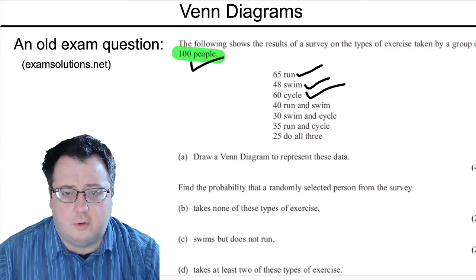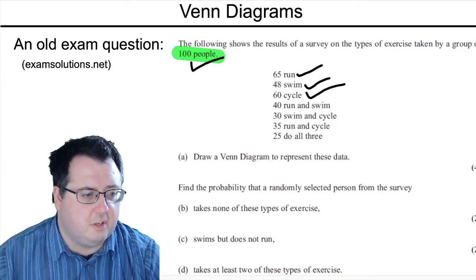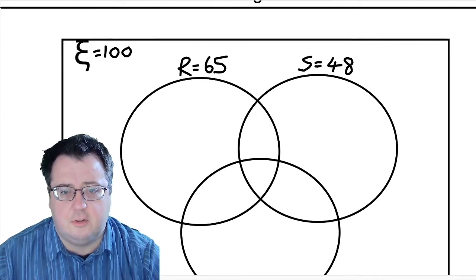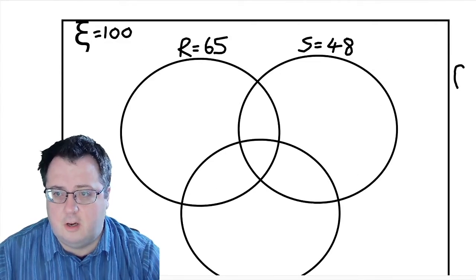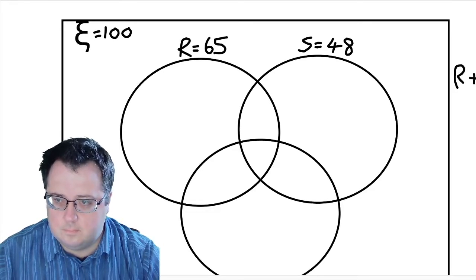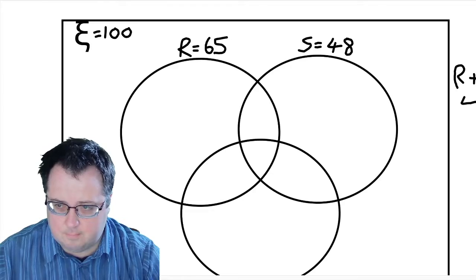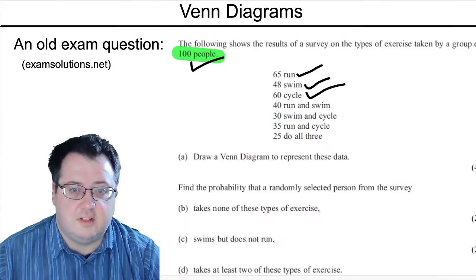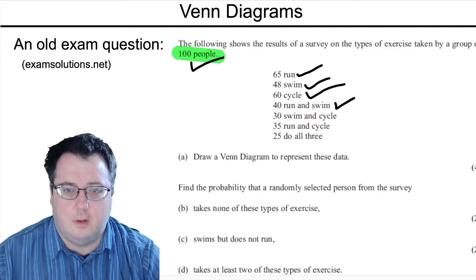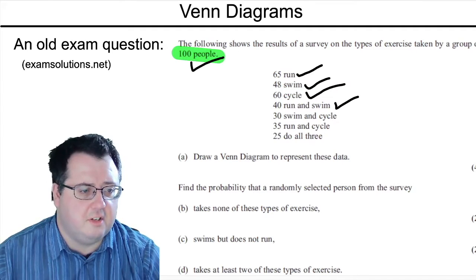Then we've got 40 run and swim. So if I go back to this, I'm not going to put something straight on here. I'm just going to put it at the side. Run plus swim is 40. So that's that piece of information. Swim and cycle is 30.